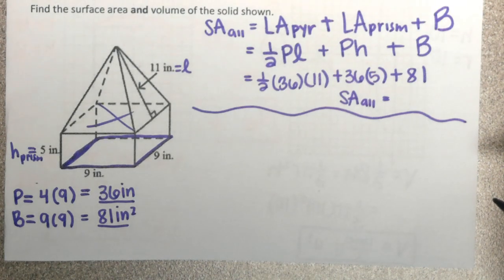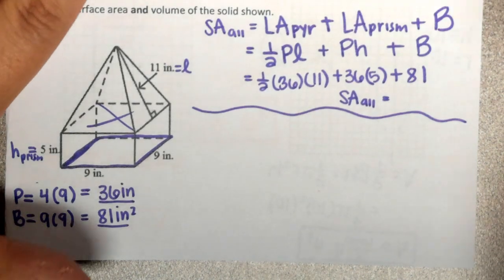What is half of 36 times 11 plus 36 times 5 plus 81? 459. Let's see if I get the same thing. Oh, what did I do wrong? That should say 36, not 6. There we go. 459 is what I got as well.